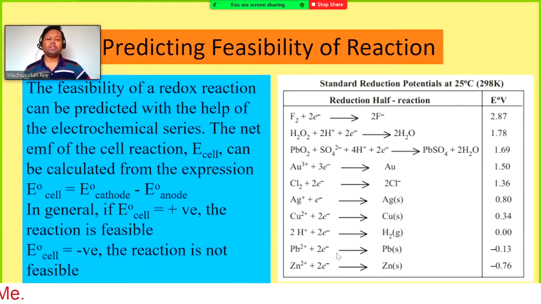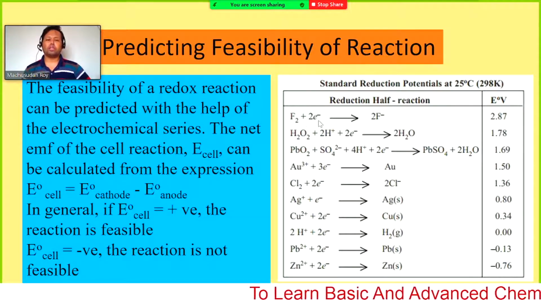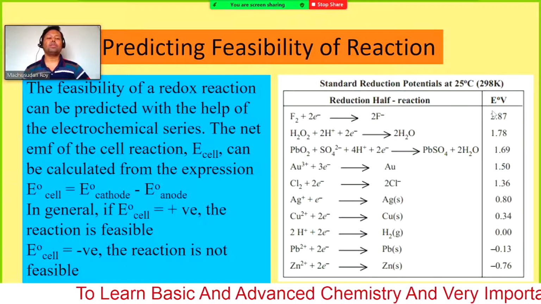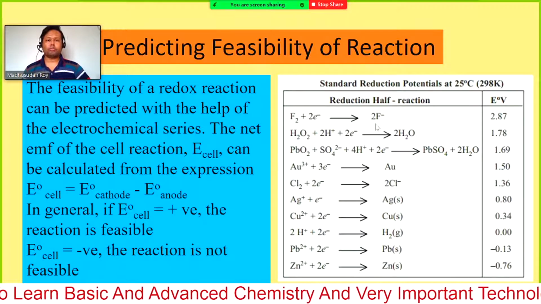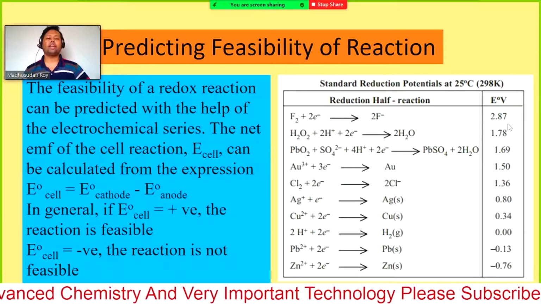People have found the reduction potential for most of the usable electrodes, and here you can see fluorine getting 2 electrons to become fluoride, and it has the most available voltage or potential, 2.87.